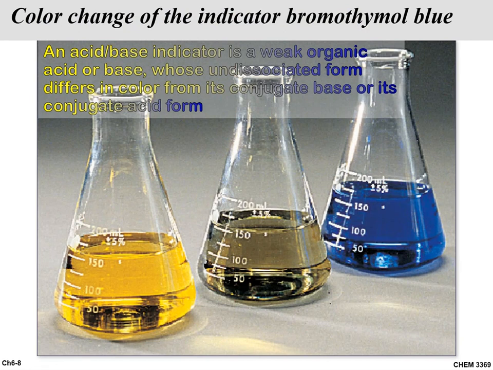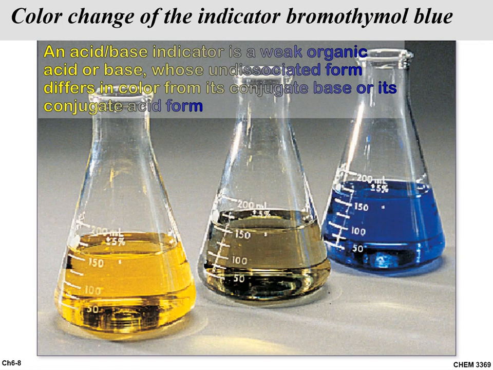In acid-base titrations, the indicators are usually weak organic acids or bases, and their undissociated form differs in color from its conjugate base. So if you have a weak organic acid, the undissociated form will have a different color than the dissociated form, than the conjugate base, okay?